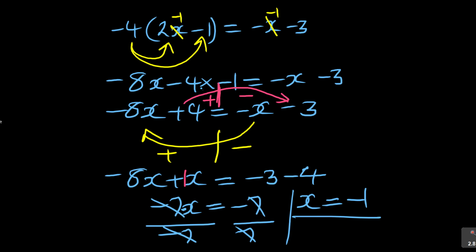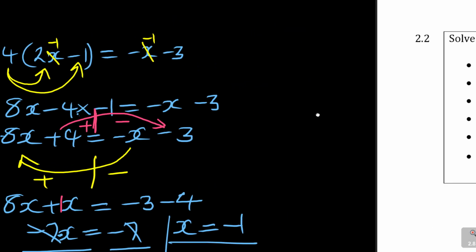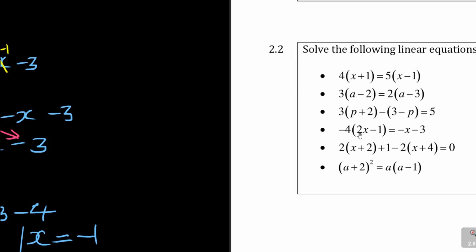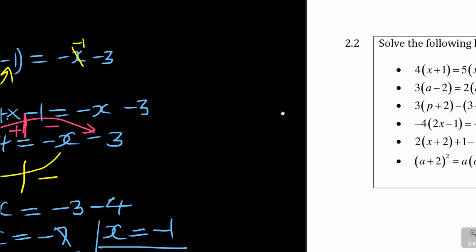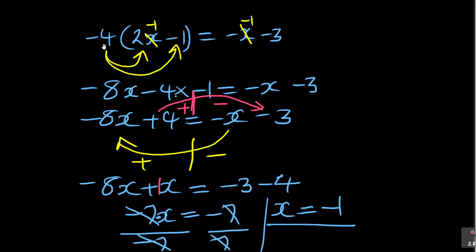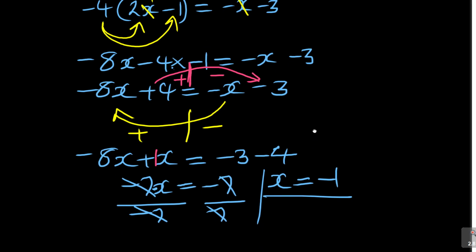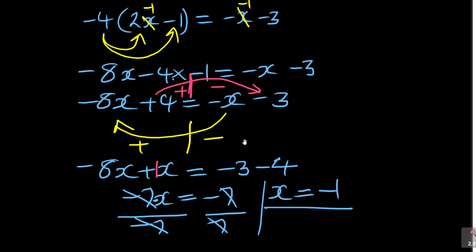So let me check. Where did I miss this? Let's check the question. Let's solve this thing properly now. This times this is that, this times this is that, is equal to minus this. And then now it's -8.